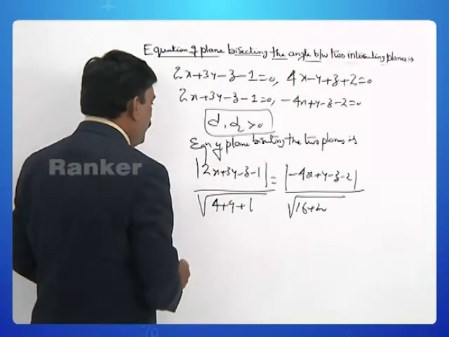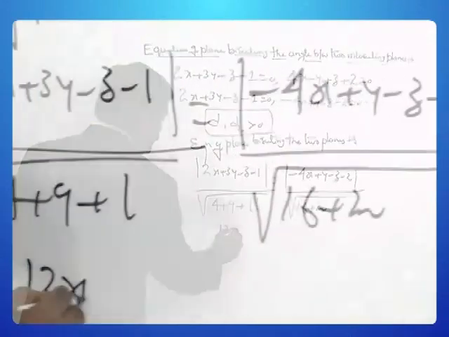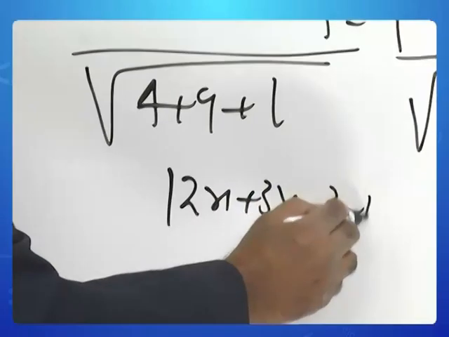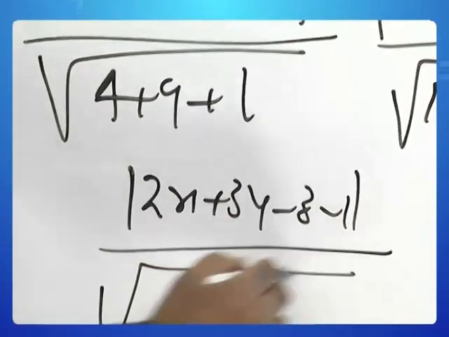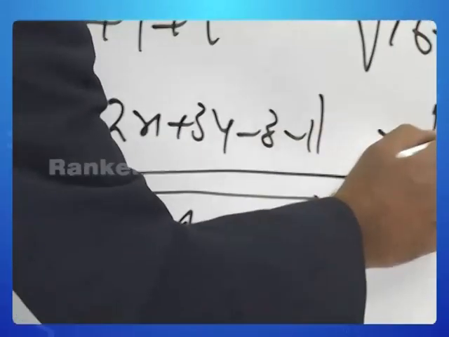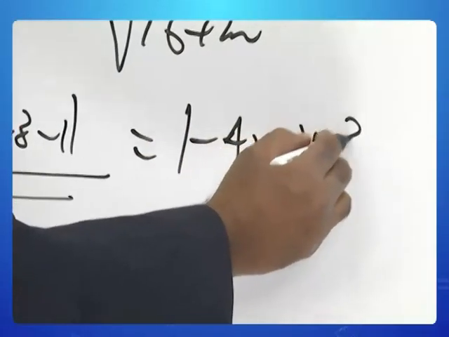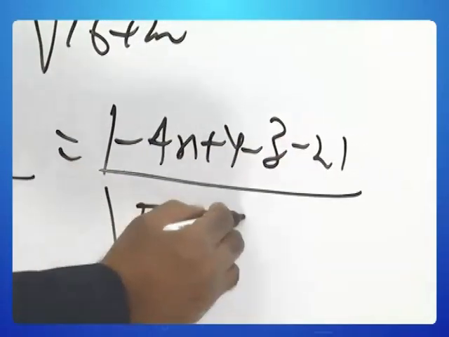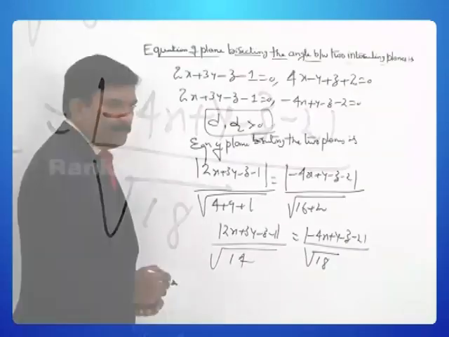This is how you can find it. So, 2x plus 3y minus z minus 1 by square root of 14, and this is minus 4x plus y minus z minus 2, by square root of 18.